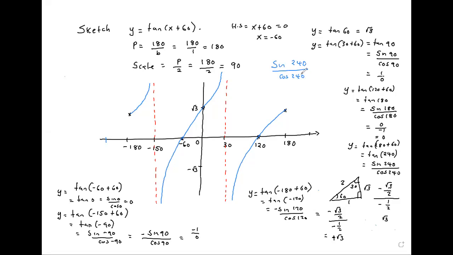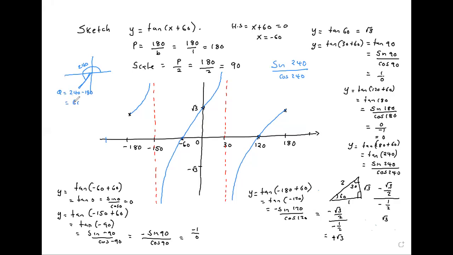Where does 240 lie? 240 lies in the third quadrant. So we're saying this whole thing here is 240. So if you want to get an angle that is in the third quadrant, you use an easy reference angle by saying whatever lies here, you say that 240 thing minus 180.